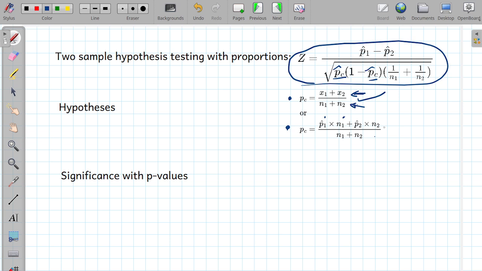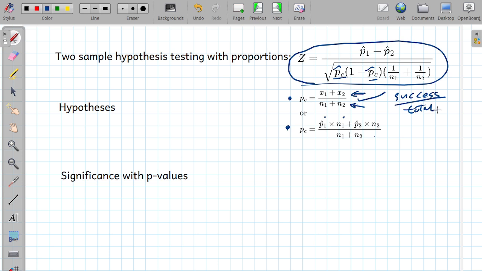So this one here is simply the success count divided by the total. That's the easy one. The second one, like I said, you have to work the percentages backwards and then do the division. It's not the end of the world, though. But just keep in mind, you have to do that.